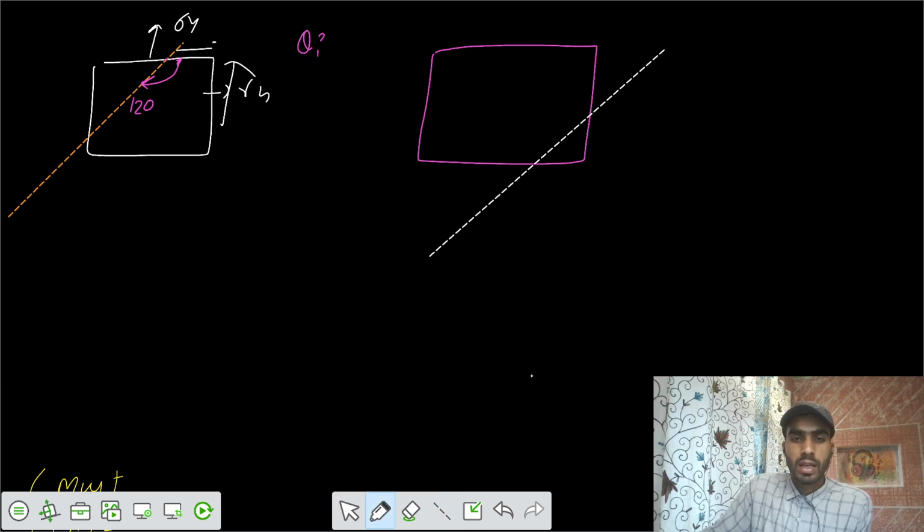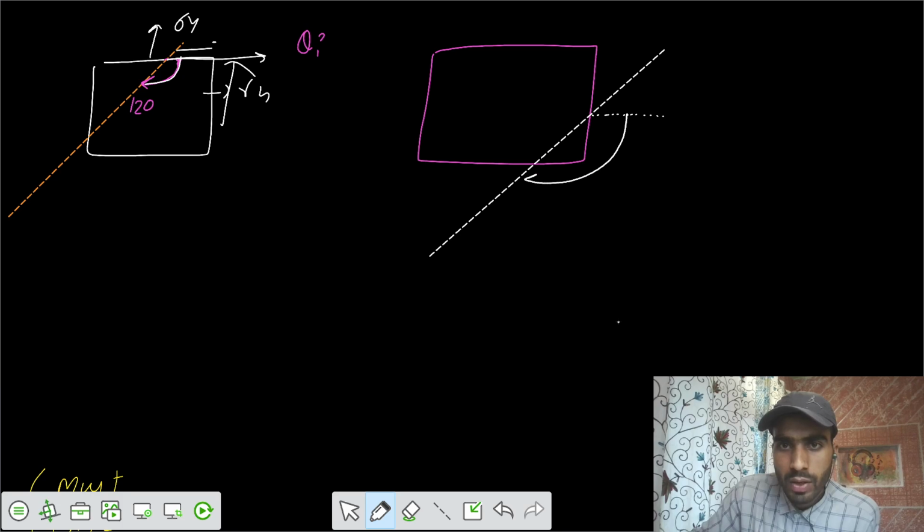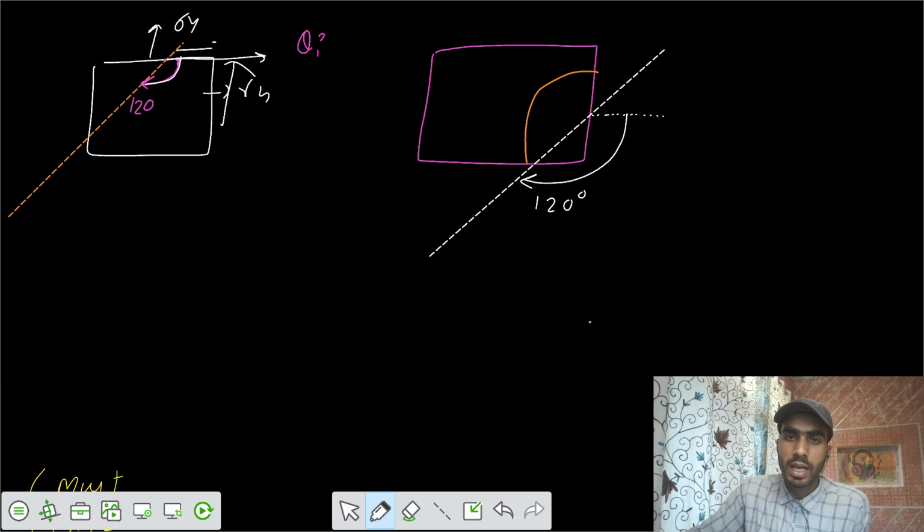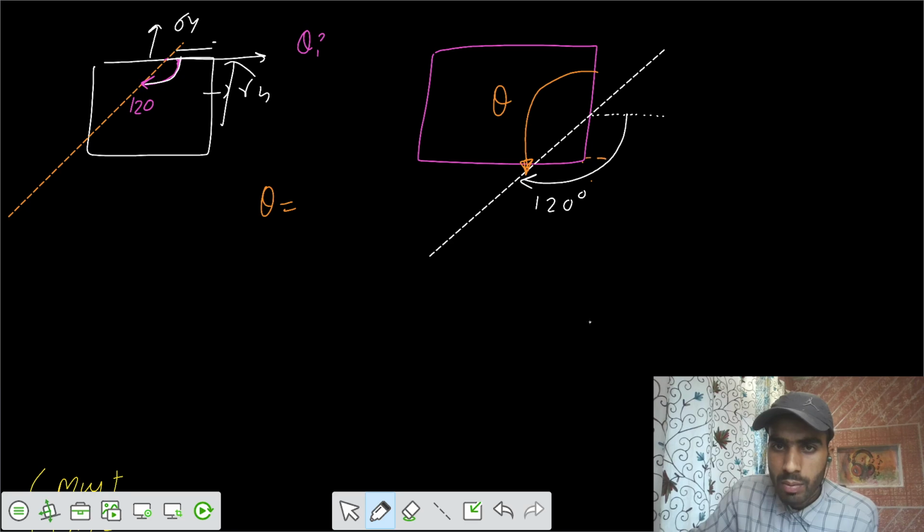So from the x-axis you are having 120. What's the value of theta for us? Our theta with respect to vertical, that is this value. If this is 120, up to this part it is 90, then the remaining part from this part to this part is 30 degrees.